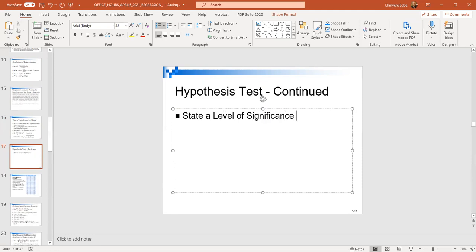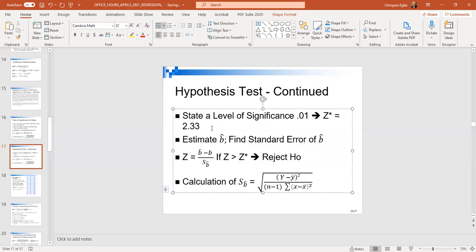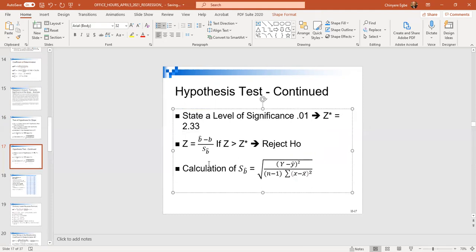I'm going to say 0.01, which means that Z star is equal to 2.33. We have already talked about how to identify level of significance and the Z star, so we're not going to go through it again. That is a formula. So we use that formula.